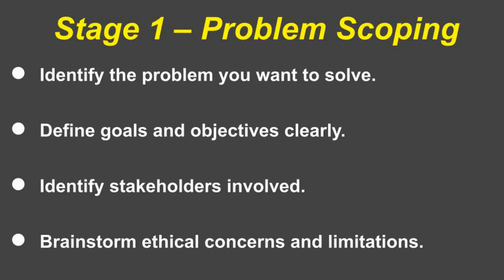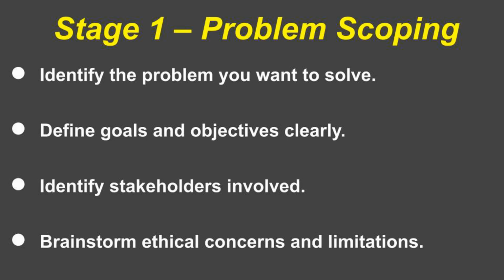The first step, problem scoping, is the foundation of your AI project. This is where we ask questions like, what problem do we want to solve? Why is it important? Who will benefit from the solution? You must also set clear, measurable goals.